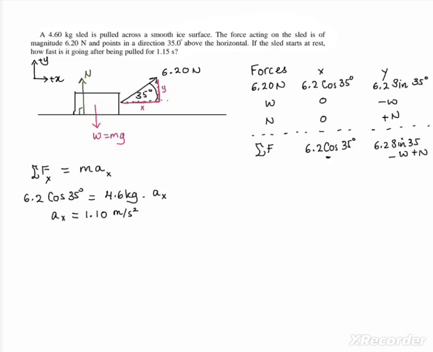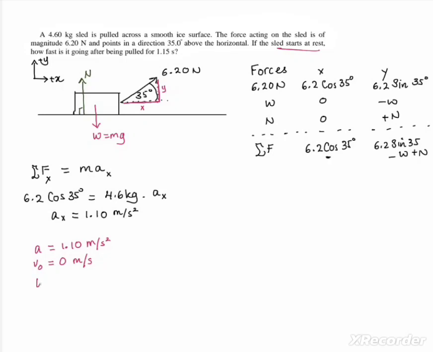And the question is, if the sled starts at rest, how fast is it going after being pulled for 1.15 seconds? Now it has become a kinematics question. So what do we have? We have a equals 1.1 meters per second squared. Sled is starting at rest, so our V0 is 0 meters per second.